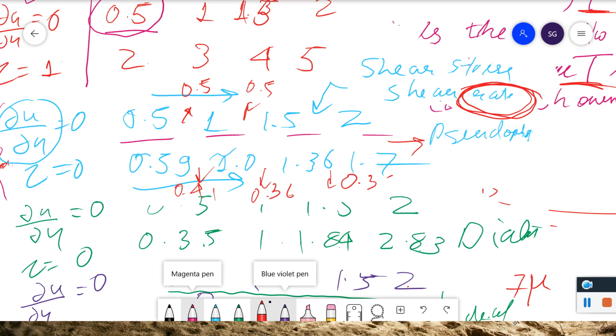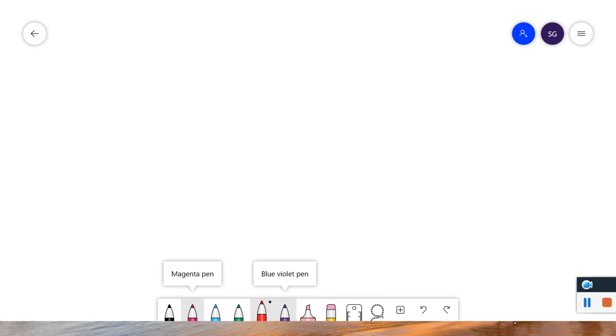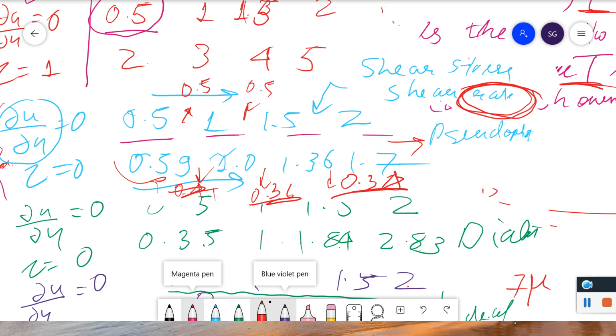So as you can see, its rate is decreasing. That's why it is pseudoplastic, because here we are considering our n, and n is considered with rate.